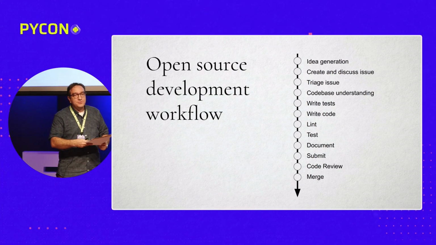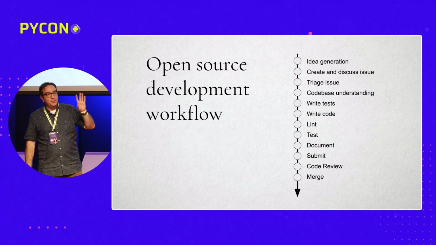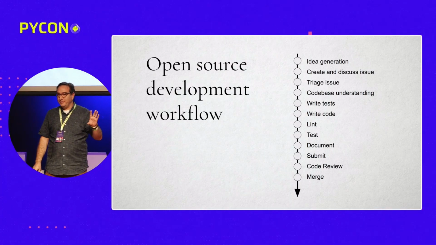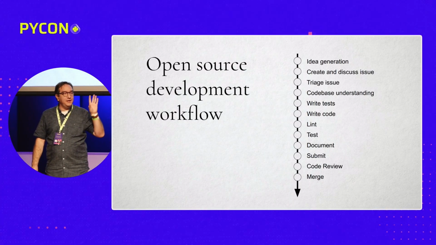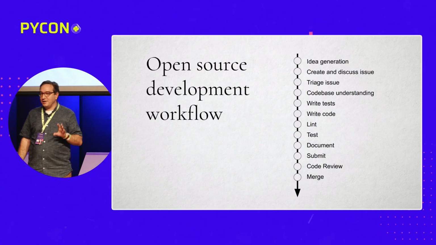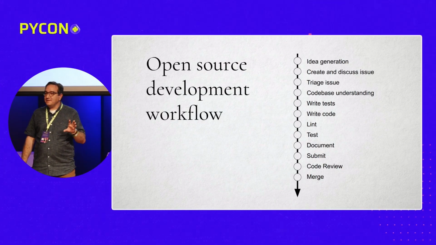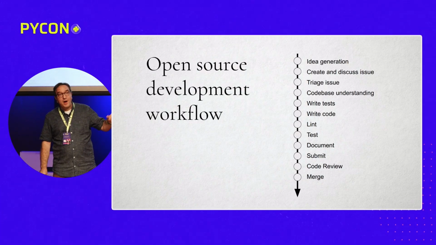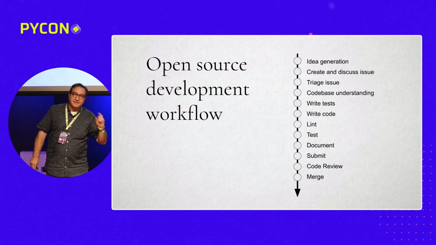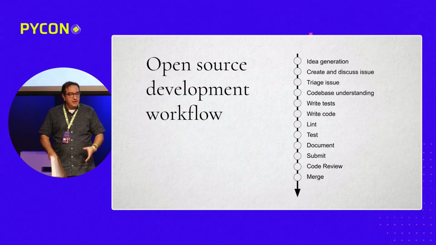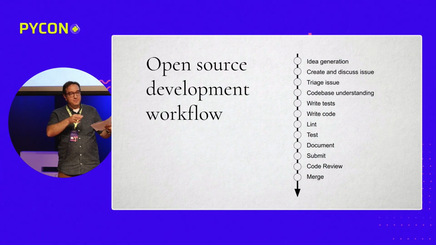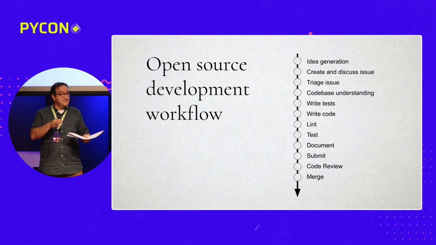Okay, so this is the typical open source software development workflow for contributing a PR to an open source project. I think every serious open source project at this point has a workflow somewhat like this. They're all slightly different, depending on how mature your project is, you might be more or less rigid about these things.